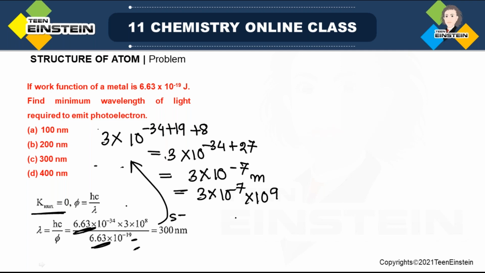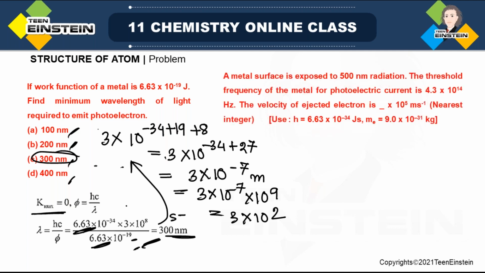So ultimately the unit will be nanometer, because if you look at the options, all are given in nanometers. So first you will get the value 3 into 10 to the power minus 7, but finally, after multiplying with 10 to the power 9, we will get 3 into 10 to the power 2, which means 300 nanometer. So this is the correct option.